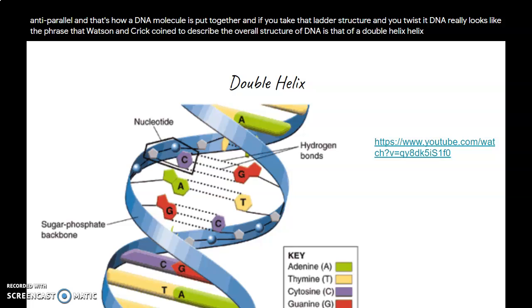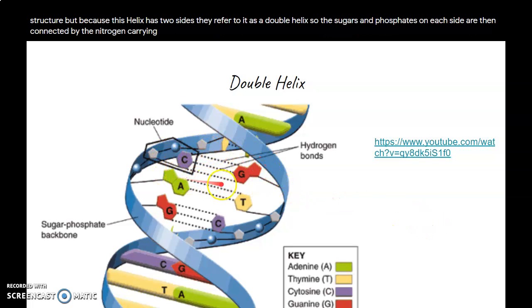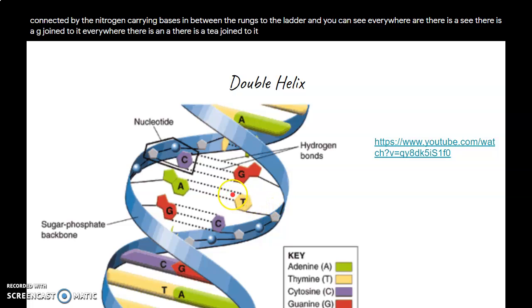A helix is a twisting structure, but because this helix has two sides, they refer to it as a double helix. So the sugars and phosphates on each side are then connected by the nitrogen-carrying bases in between, the rungs to the ladder, and you can see everywhere there is a C, there is a G joined to it. Everywhere there is an A, there is a T joined to it.